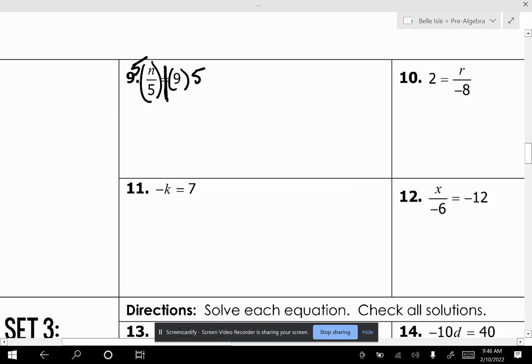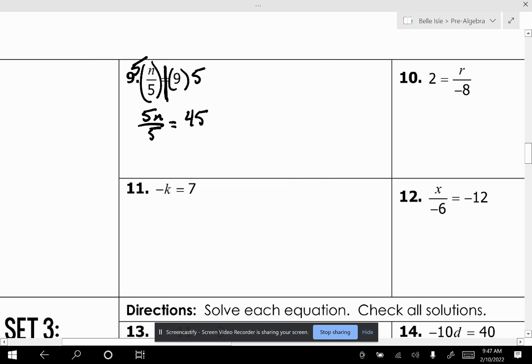Now what that gives me, let me show you what that looks like. Now what that gives me is 5n over 5 equals 45. I multiplied that fraction by 5. That 5 just goes on top. And now I have 5n over 5.